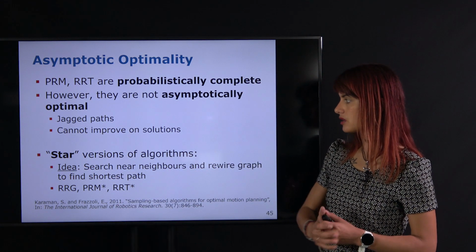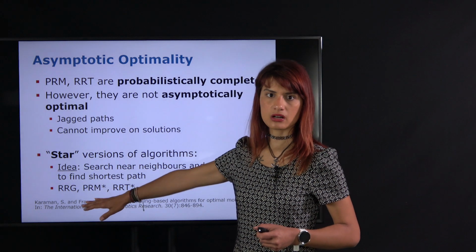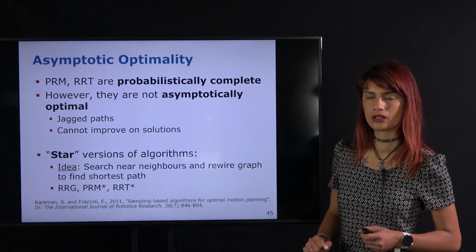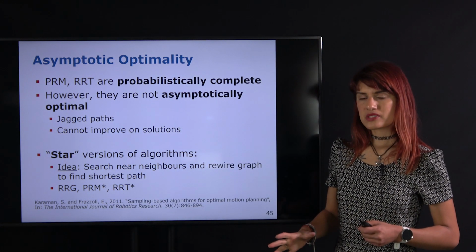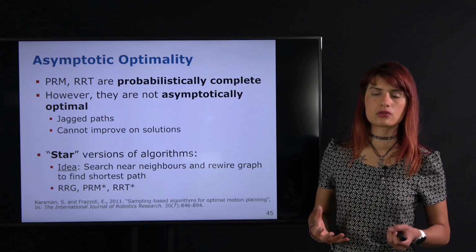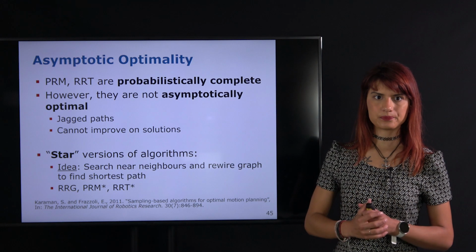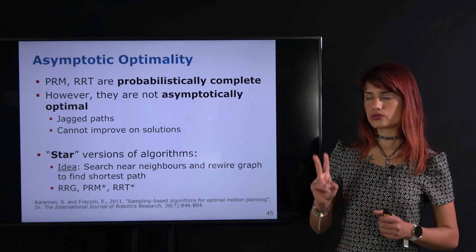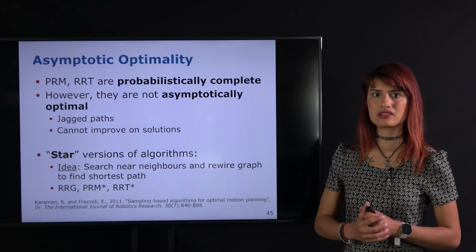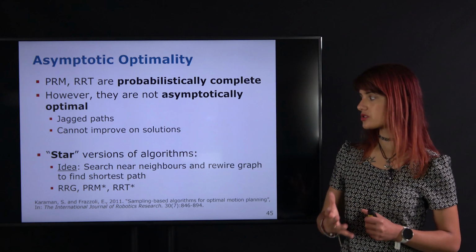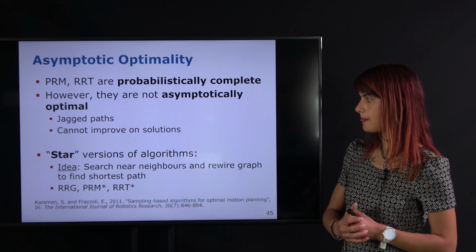The RRT star is a star version of the RRT, which means it's asymptotically optimal. We have something similar for the PRM star. These algorithms bring in new ideas in order to allow us to obtain asymptotic optimality. There are two subtle insights that these algorithms make in order to provide this for us.